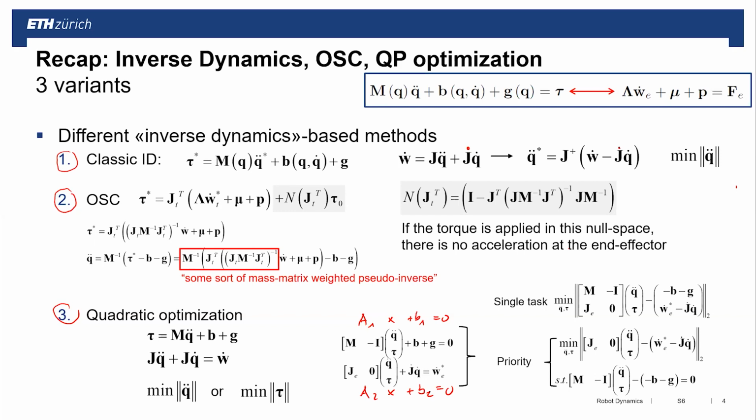Now in here we have only 2 tasks, but believe me, if we are looking at way more complex systems, like a humanoid robot that has 80 degrees of freedom or something like this, you're going to have a whole number of different tasks. So for example, you want to stand stable, you want to grasp something, you want to look at something, at the same time you want to keep a certain posture, you want to minimize your actuation torques, and so on and so forth.